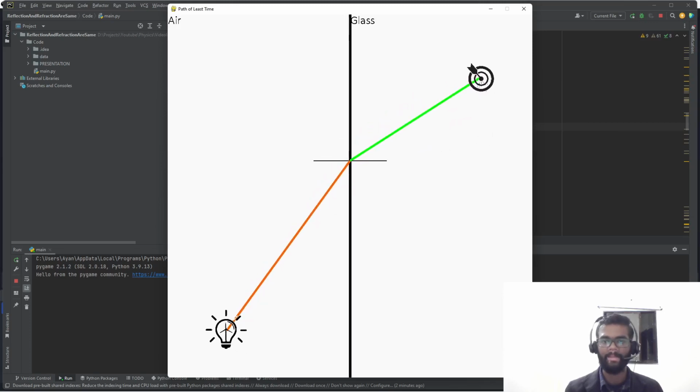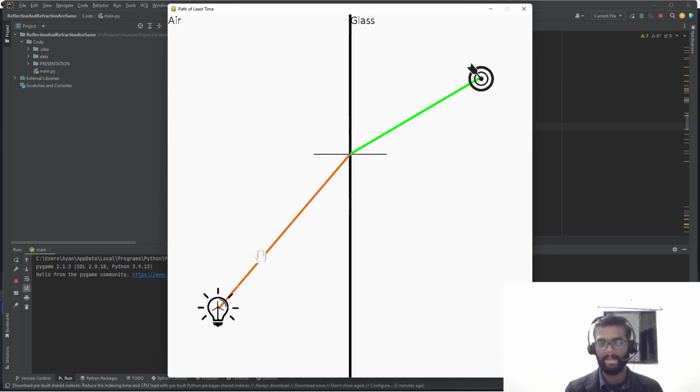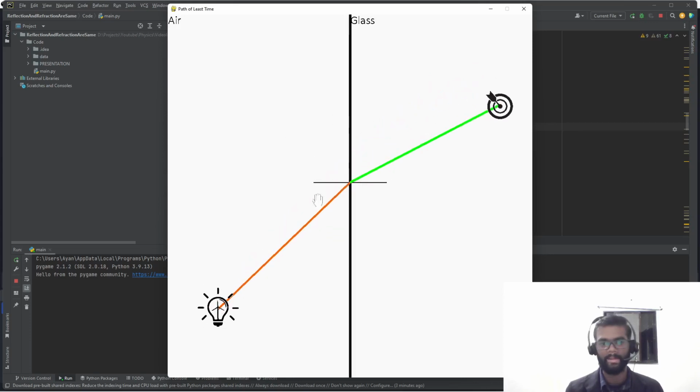Every time I move an object, whether it's the light source or the target, my code calculates the total time through each individual path possible through this boundary, and it finally plots the minimum one.